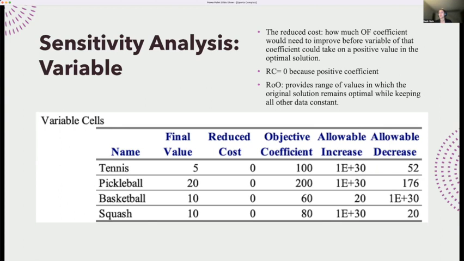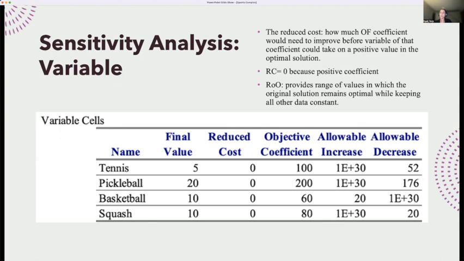If we look at the next column, we see the objective coefficient, and then the allowable increase and decrease. Those are the ranges of optimality for those objective coefficients. Those coefficients can increase or decrease within those ranges before the optimal solution is no longer optimal.